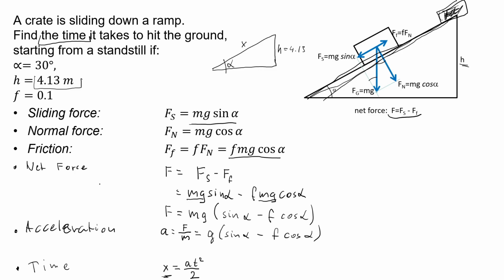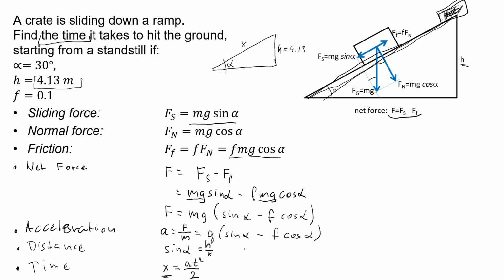What I know, I will put here as the distance. Calculation for the distance can be found from, again, the simplest possible trigonometry, just SOHCAHTOA. So sine alpha equals the opposite, so it's h divided by x.